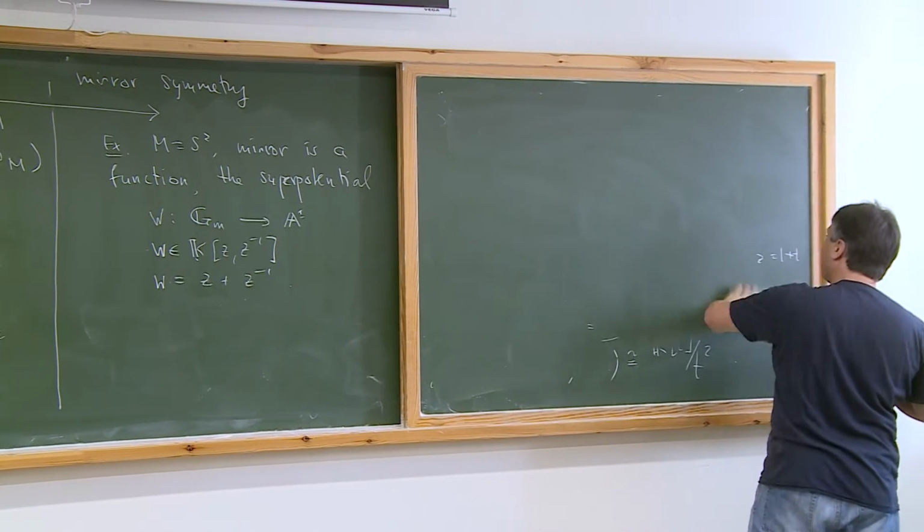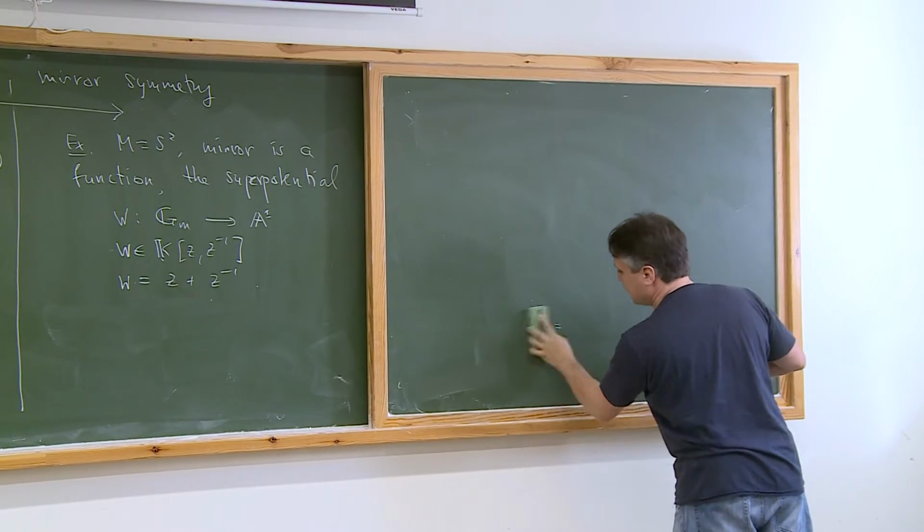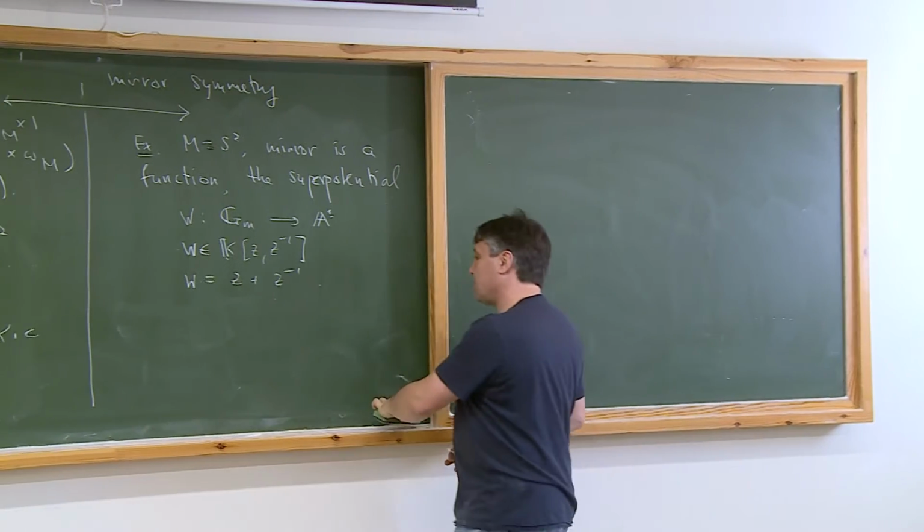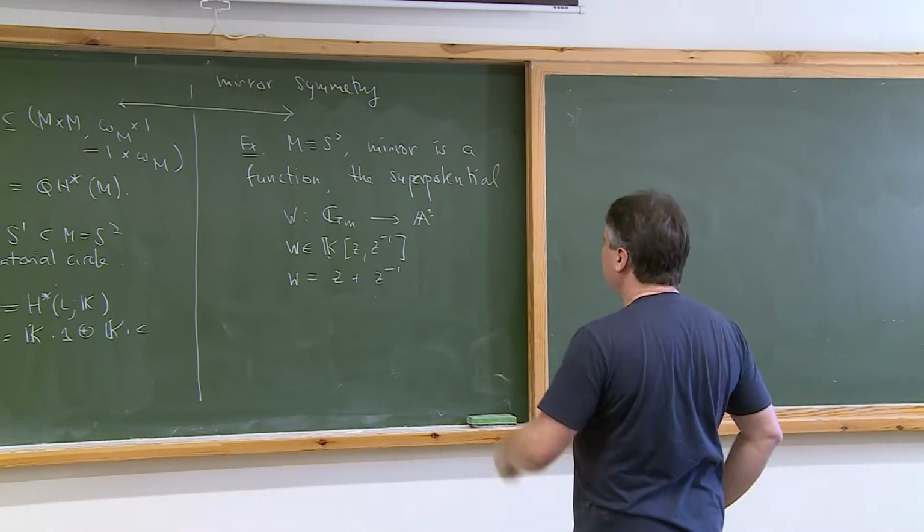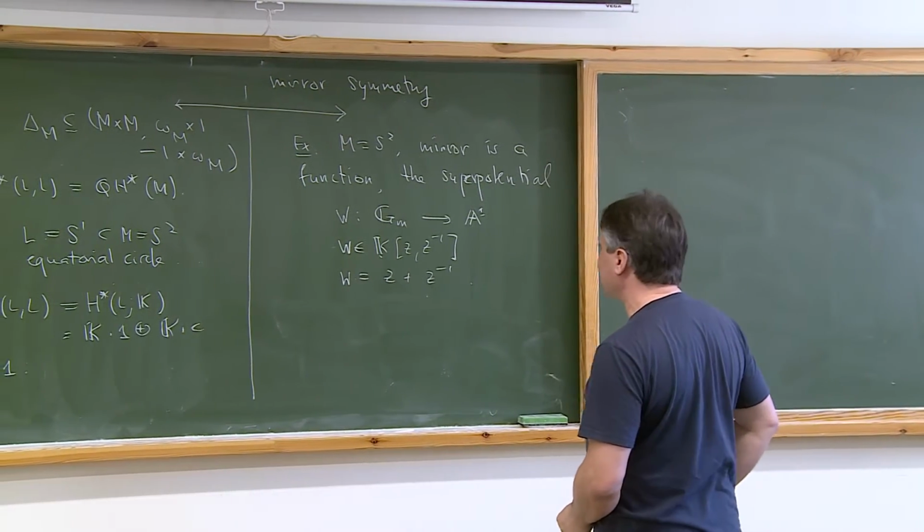As I said, the quantum cohomology can be recovered by essentially taking the ring of functions on the critical locus.